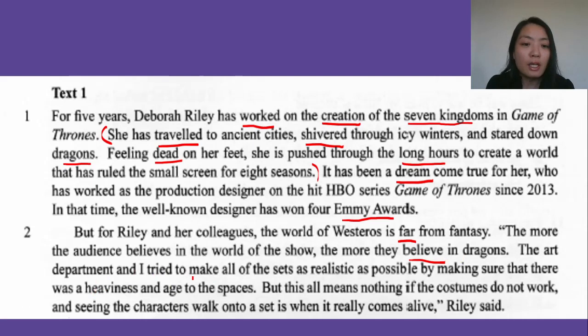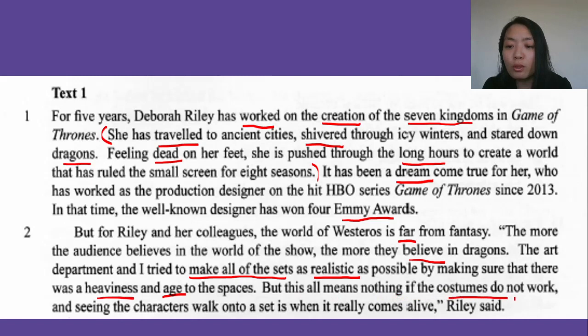And the art department and I tried to make all of the sets as realistic as possible by making sure that there was a heaviness and edge to the spaces. But this all means nothing if the costumes do not work. And seeing the characters walk onto a set is when it really comes alive.